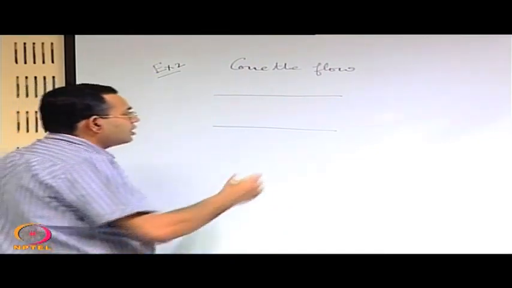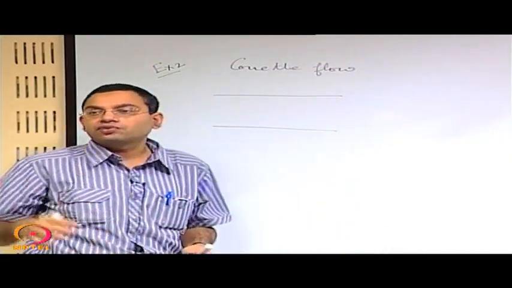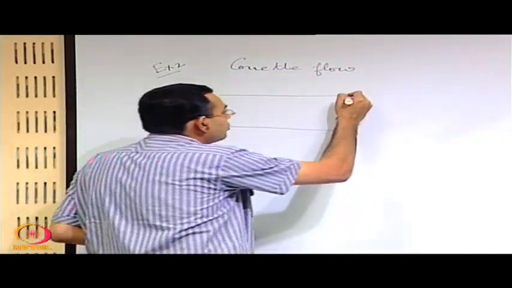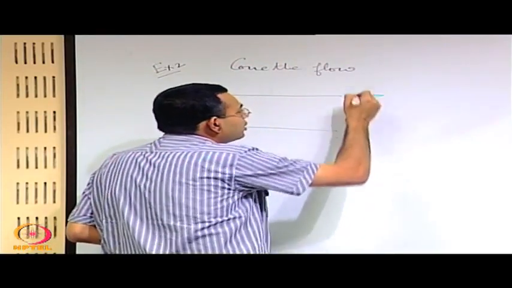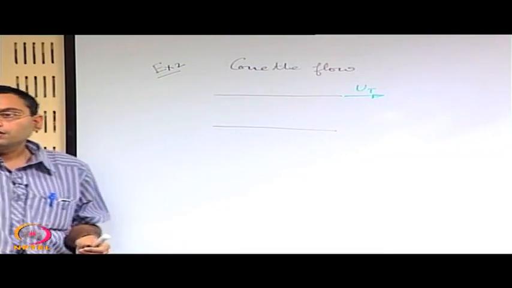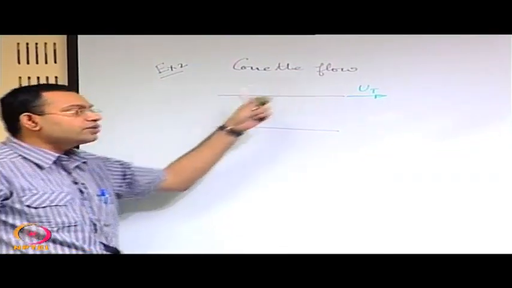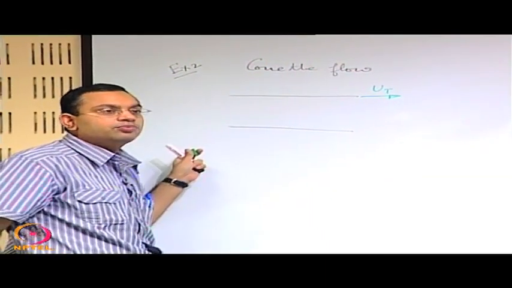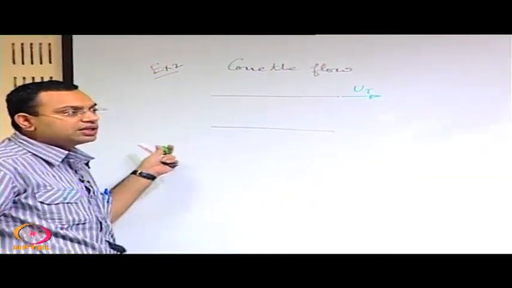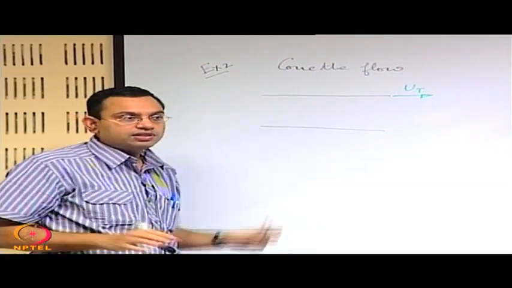What is the modification? Now the plates are not stationary, but one plate is moving relative to the other. That means, as an example, the top plate is moving with a velocity ut relative to the bottom plate. It is not always necessary that the top plate will move or the bottom plate will move. The important thing is there should be a relative velocity between the two plates in whatever sense.